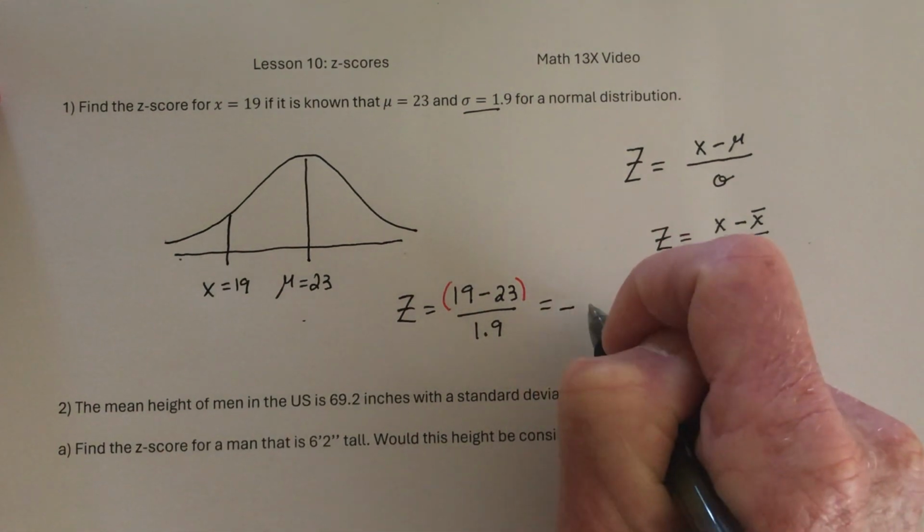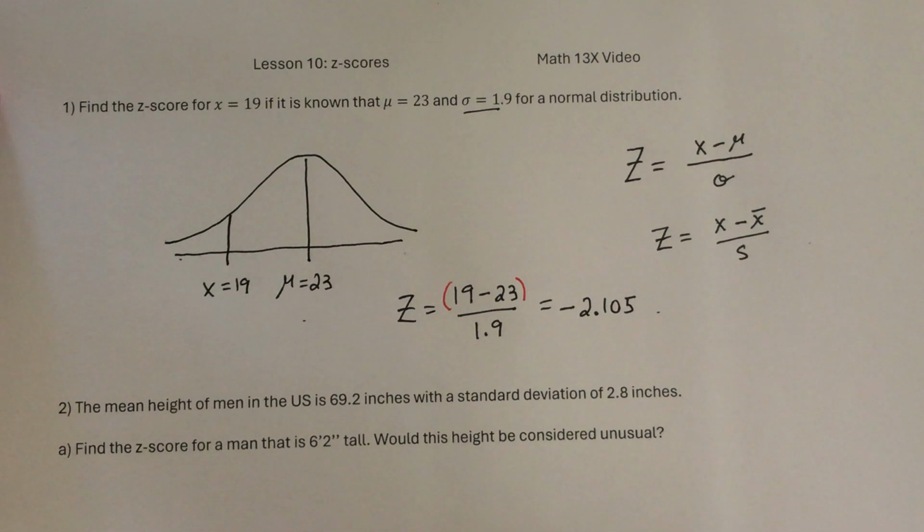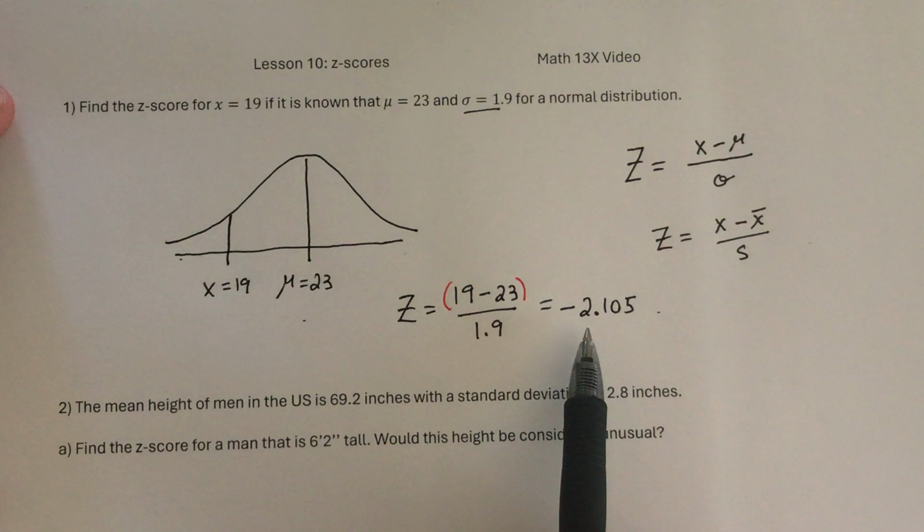Z equals negative 2.105. And then one other rule for the z-score is if it goes beyond a 2, it's unusual. It doesn't matter positive or negative, but if it goes beyond a 2, it's unusual.